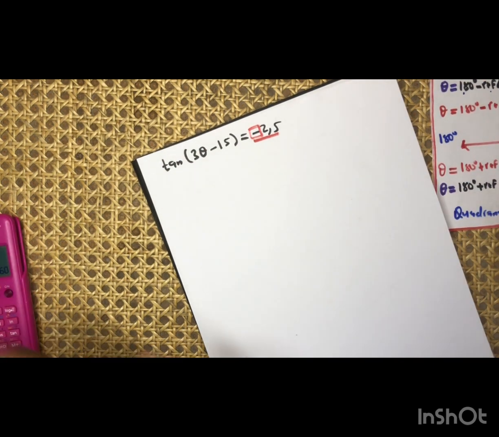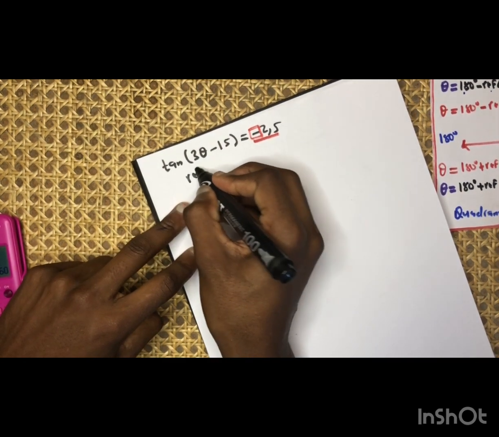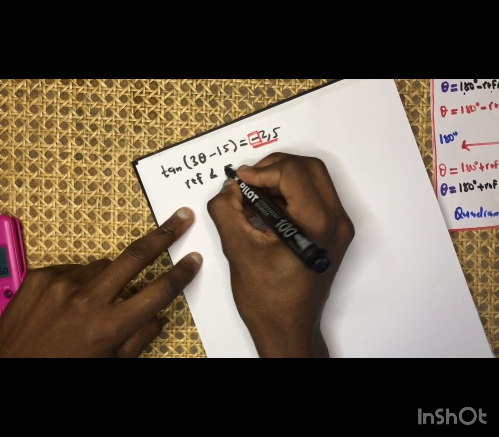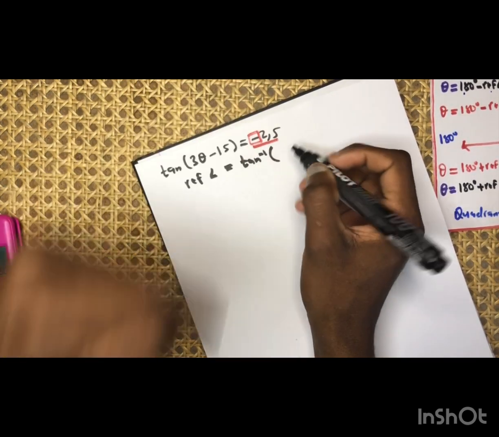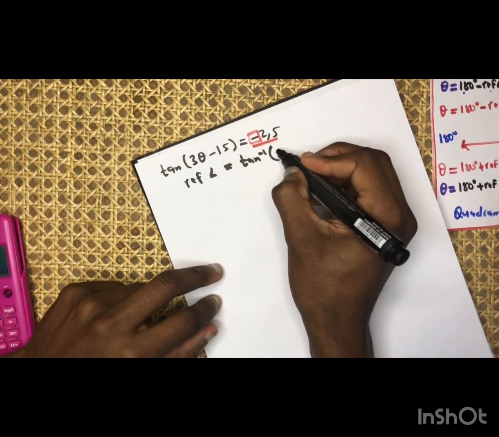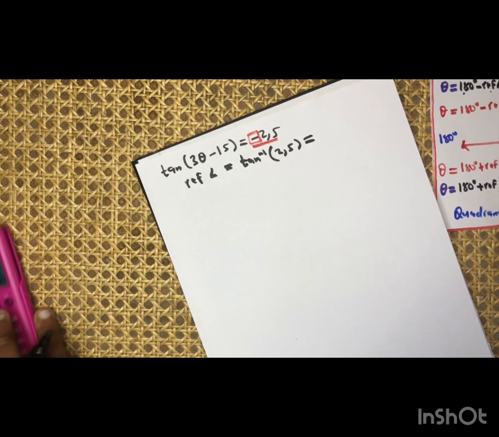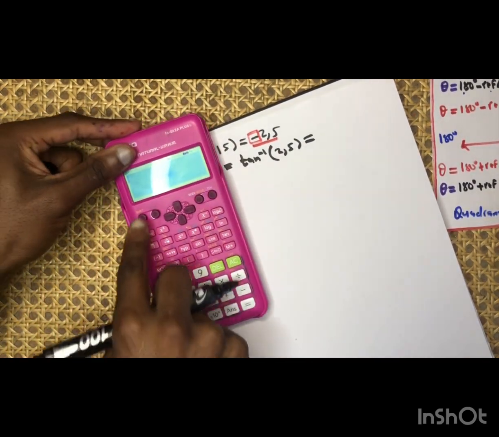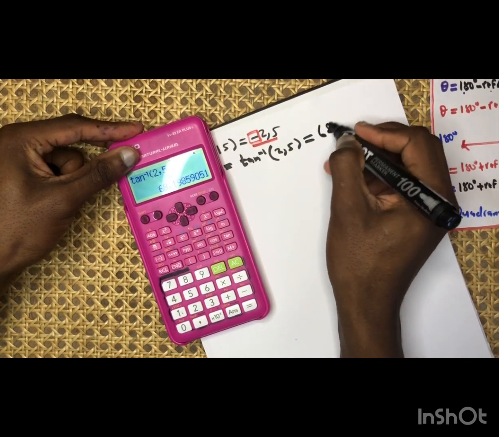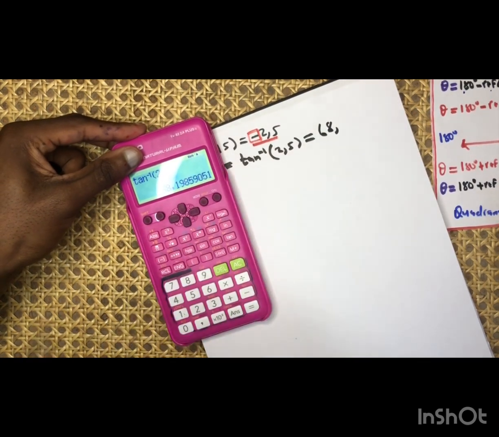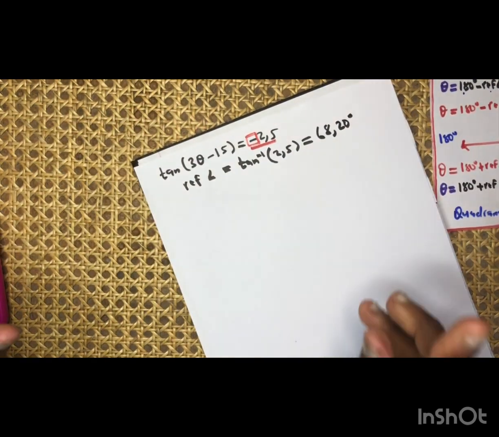So the first thing I'm going to do, guys, is say reference angle equals arctan or inverse of tan, then I take this numerical value, then I ignore the sign, then I say 2,5. So in this case, our reference angle, inverse of tan 2,5, is 68,20 degrees if we round off to 2 decimals. That's your reference angle, good people.